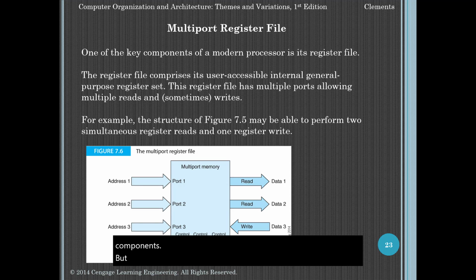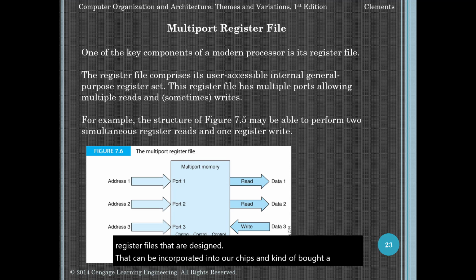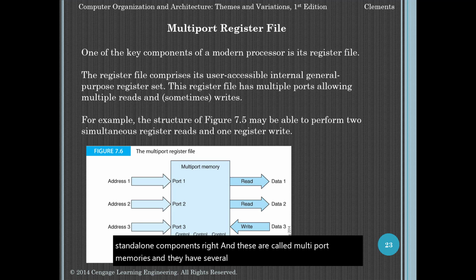But in order to make a modern computer that operates at the speed with which we are familiar, we have these dedicated high-speed register files that can be incorporated into our chips and bought as standalone components. And these are called multi-port memories. And they have several access ports which can be used in parallel.